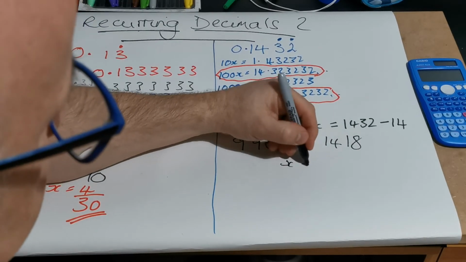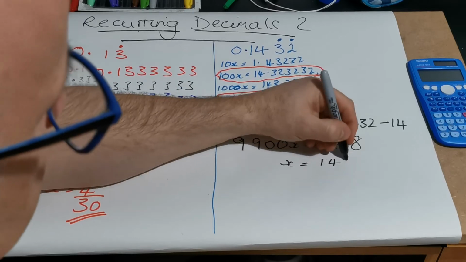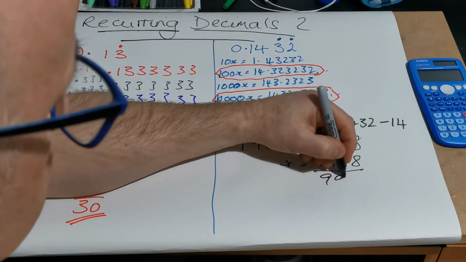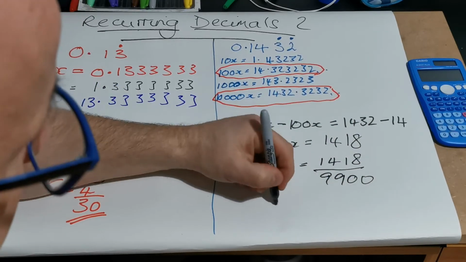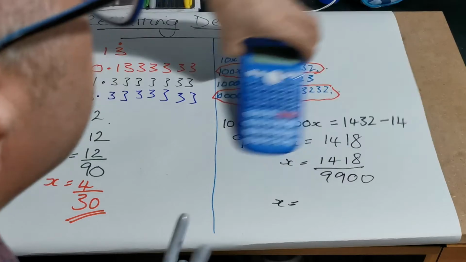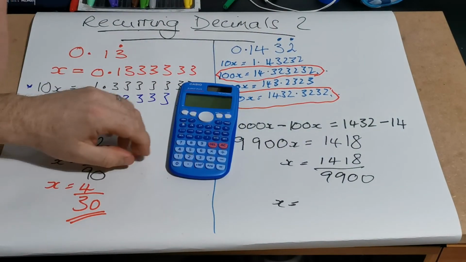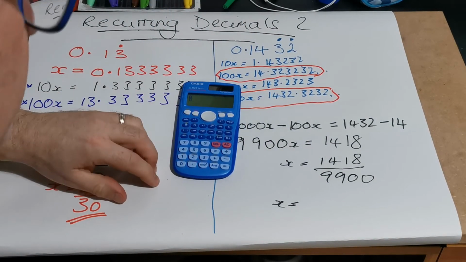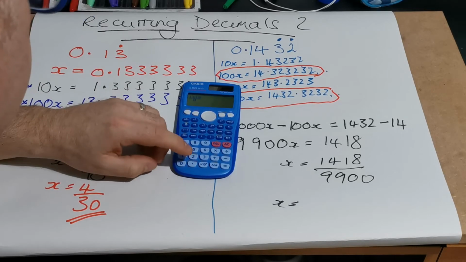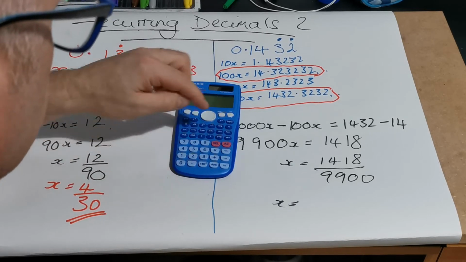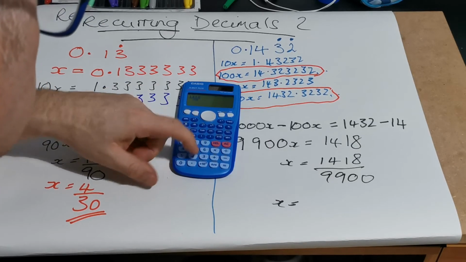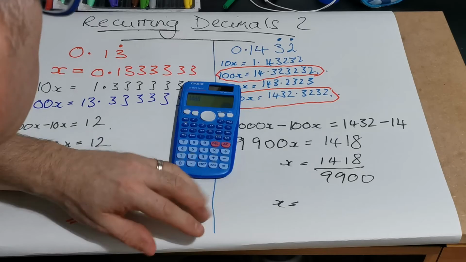So x is equal to 1,418 over 9,900. Now I know that cancels down because they're both even numbers, but it's going to take me a long time to do otherwise. So back to my trusty calculator. I'm going to hit the fraction button. 1418 over 9,900 equals.